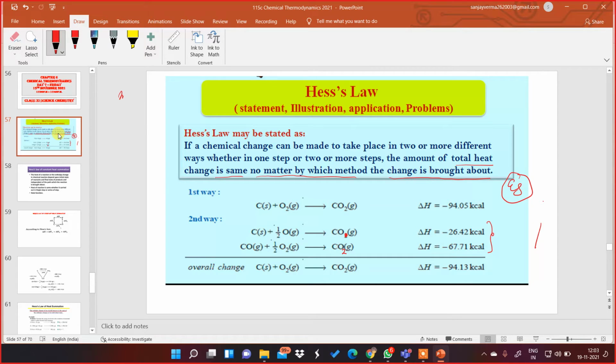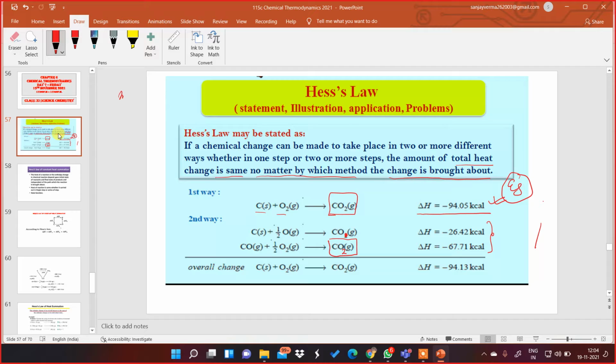For the formation of carbon dioxide, it has been done by two methods. Now here in the first way, carbon burns in oxygen to give carbon dioxide. The enthalpy change for the reaction is minus 94.05 kilocalories.